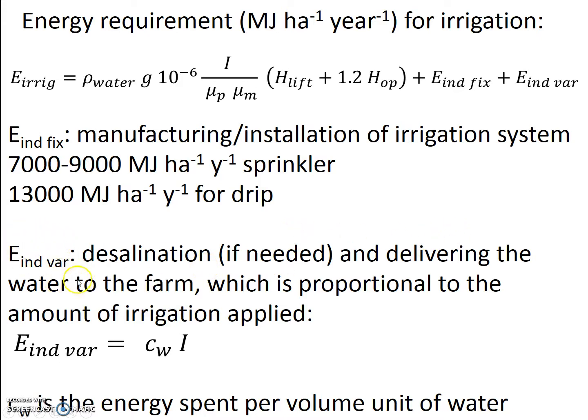So this is an indirect cost because it is performed before we perform irrigation at the farm, and is proportional to the amount of irrigation applied. That's why we talk about a variable energy requirement. In this equation, this coefficient C sub W is the energy spent per volume unit of water.